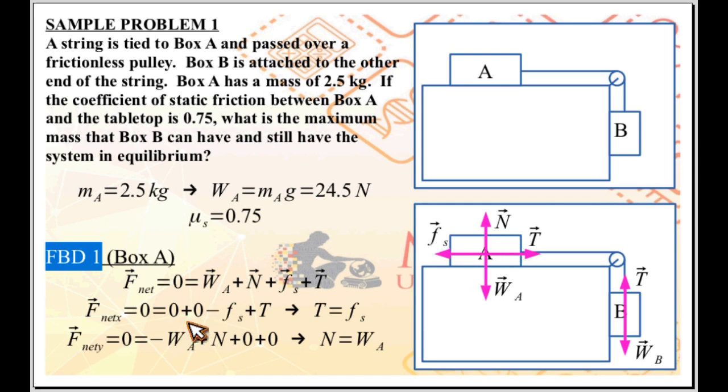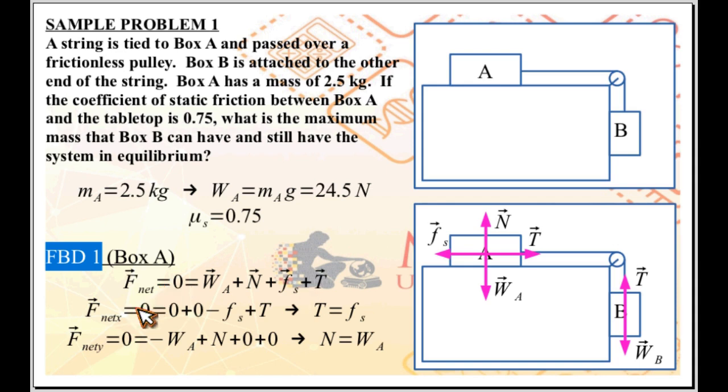They don't have X components. Friction is horizontal, negative direction, so minus F sub S. Tension is horizontal, positive direction, so plus T. From X component, we see that tension magnitude is just equal to static friction magnitude.